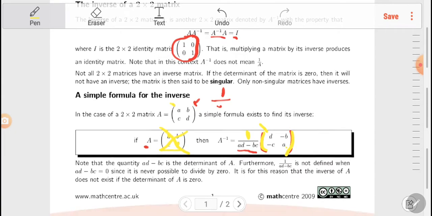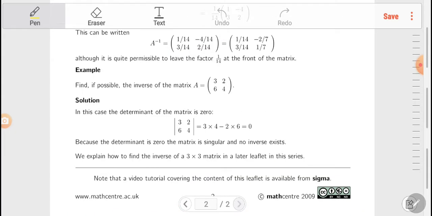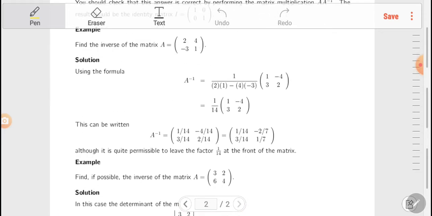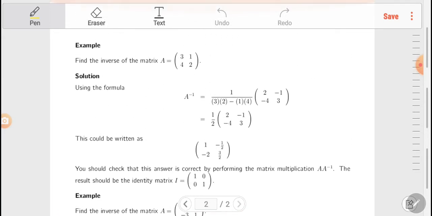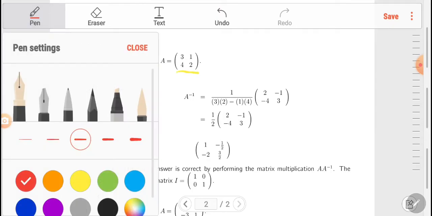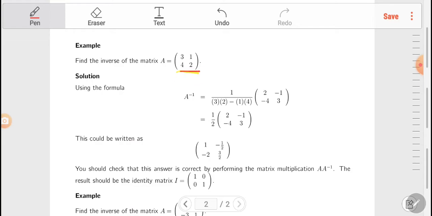Okay. So, tell us how to determine the inverse of the matrix [3, 1; 4, 2]. It's too easy. First of all, multiply 3 by 2 minus 1 by 4: 6 minus 4, 2.